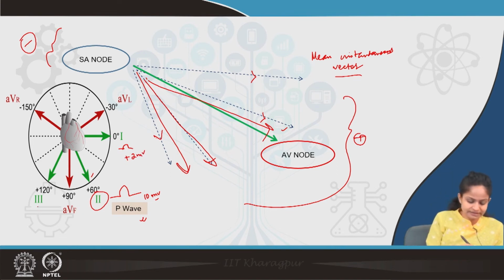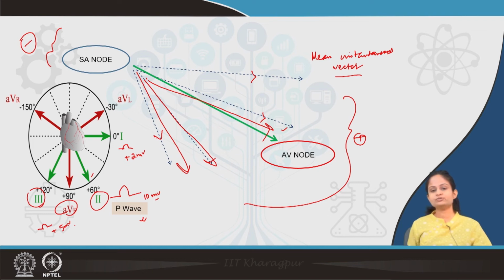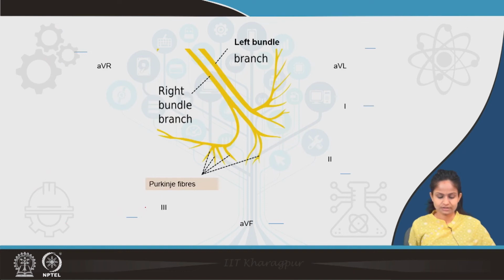Similarly, in case of lead 3 or AVF, the deflection of the P wave may be plus 5 millivolt. So, the amplitude of the deflection varies with the positions of the leads based on their angles. AVR is the lead giving the negative deflection of the P wave, because it is situated just opposite to the direction of the wave of depolarization.